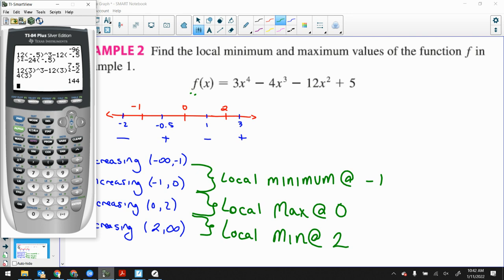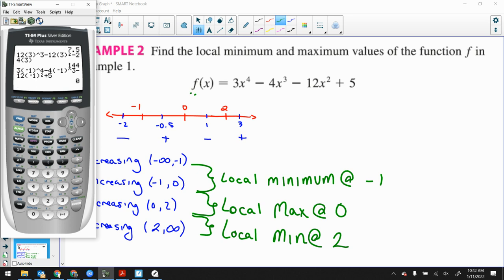So I'm going to go back in and say, 3 times -1 to the 4th minus 4 times -1 to the 3rd minus 12 times -1 squared plus 5. I'm going back into my original, just plugging -1 into here. So, oh, cool.